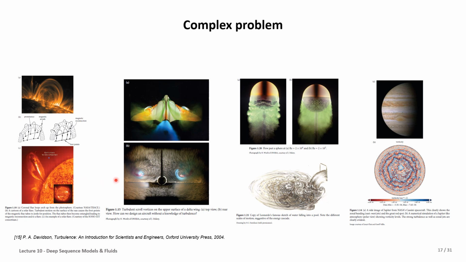This is another example. The turbulence scale vortices on the upper surface of a delta wing aircraft. You can see this view of the turbulent flow and how we have very different scales of the flow, and you can see the question here: how can we design an aircraft without a knowledge of turbulence?